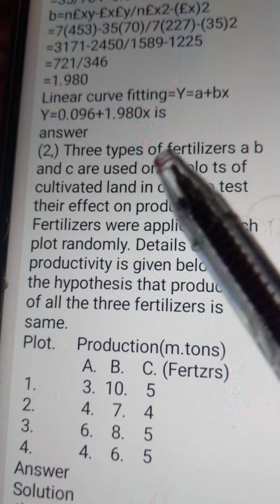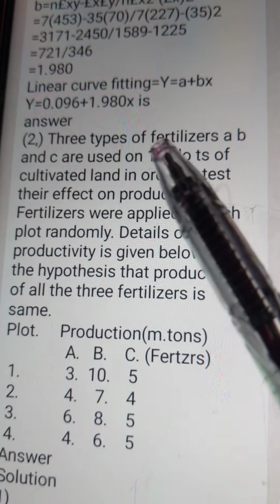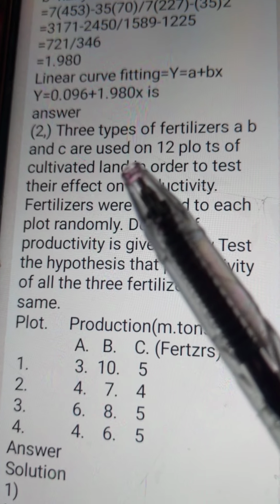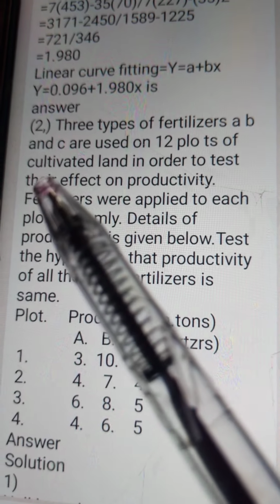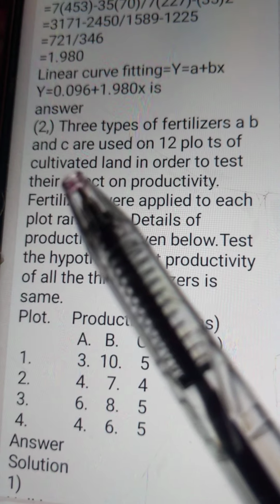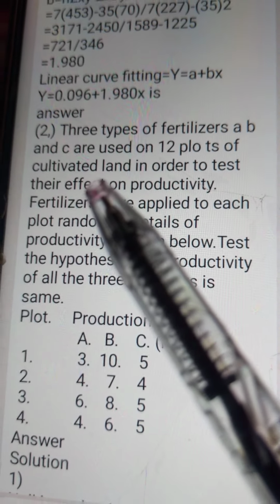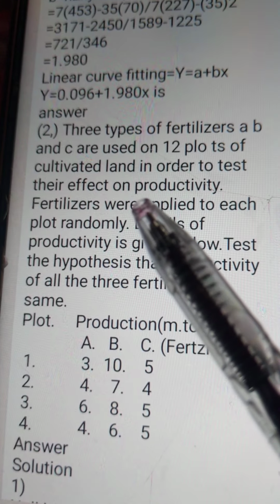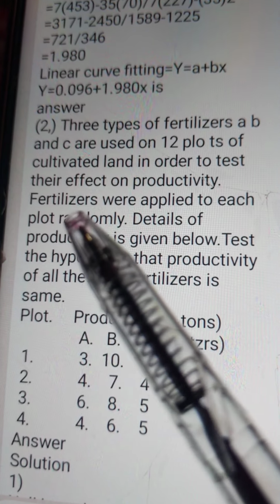Second long question, students. Three types of fertilizers A, B, and C are used on 12 plots of cultivated land in order to test their effect on productivity.